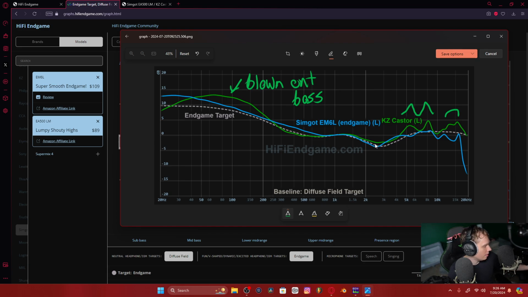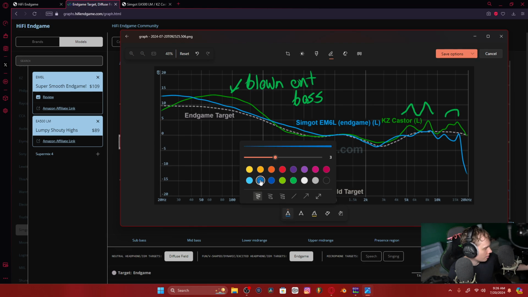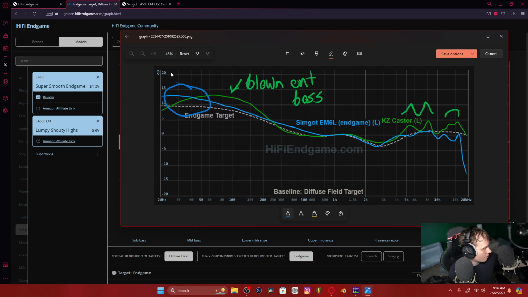And then we can see the SIMGOT EM6L does have a little bit more sub bass over the target, but that's perfectly fine. There's certain things that are perfectly fine. Boosting a few dBs in the sub bass, especially if you don't have a perfect seal, that's going to roll off anyway. And that's not a big issue.